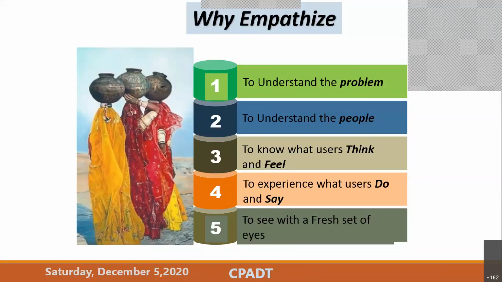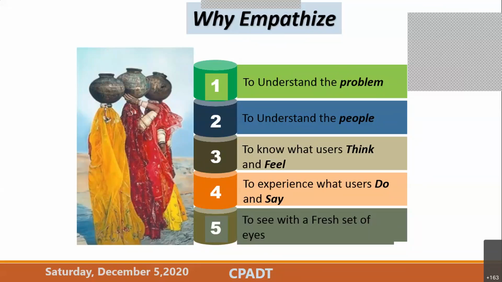I'll tell you about a problem in a place near Rajasthan. If you can see this picture, on the left-hand side you have ladies who are carrying pots on their heads, and you can see from their dressing that they are from some part of Rajasthan. There is a place in Rajasthan where NGOs tried to solve their problem.